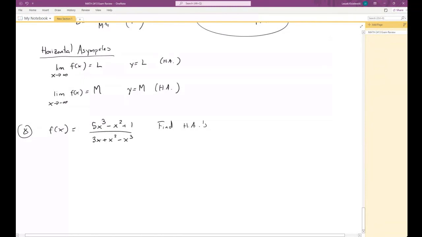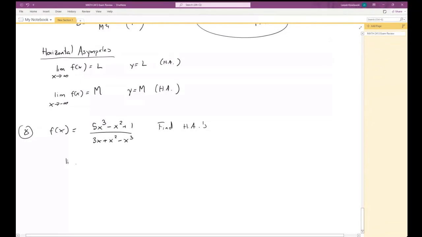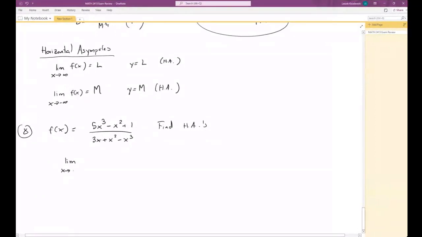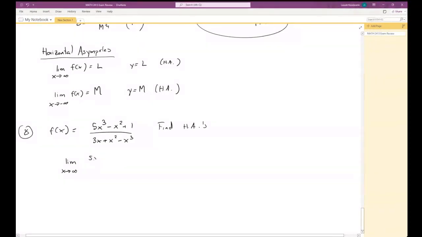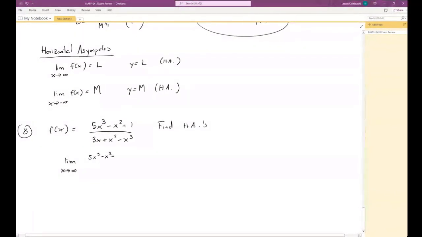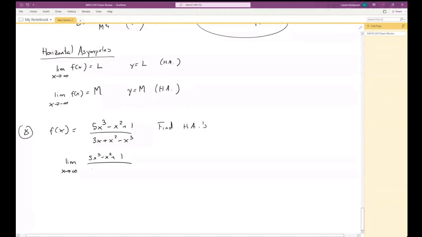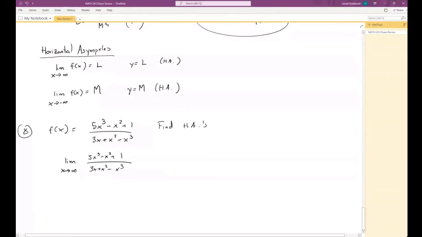So we know that we have to take two limits at infinity. As x goes to plus infinity first, let's say. And since we can't use L'Hopital's rule on this test, we are just going to look for the highest power of x, let's say in the denominator. Let's make that a rule.